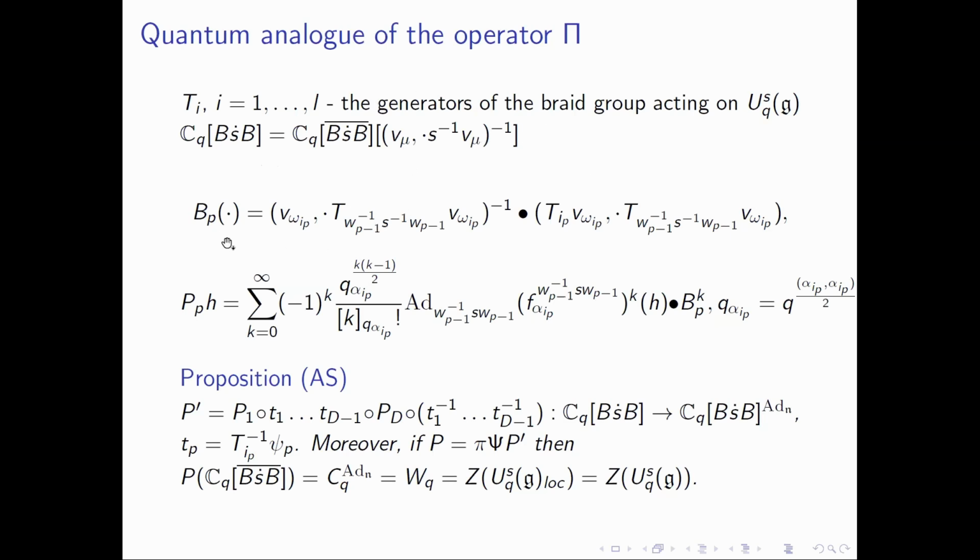Then these BPs are analogs of APs in the classical case. And then these operators PP are analogs of pi p in the classical case.